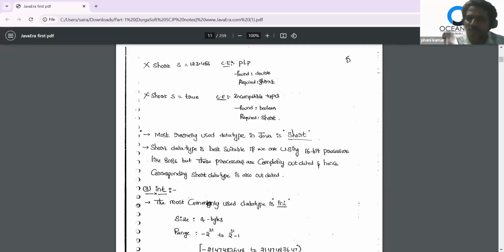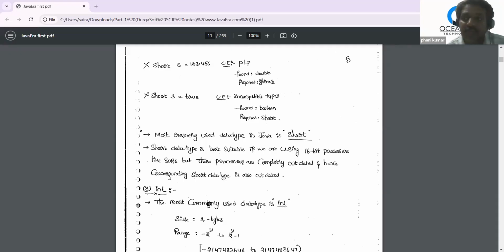I already said that short is not a recently used data type. Only int is the most suitable data type for Java programming. For regular programming in Java, we use the data type int only. Byte and short are not used, because short is only suitable for 16-bit processors like 8086 processors. It is not supported on 32-bit and 64-bit processors.